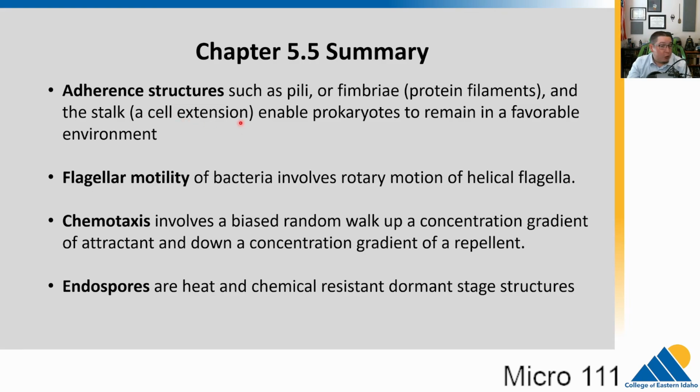This enables them to stay in a favorable environment. If they need to move, flagellar motility, moving with those rotary flagella, is very useful. And they're going to participate then in chemotaxis, kind of random, semi-random walking up a concentration gradient towards an attractant or down a concentration gradient away from a repellent. And then we have endospores, our heat and chemical resistant dormant stage structures.